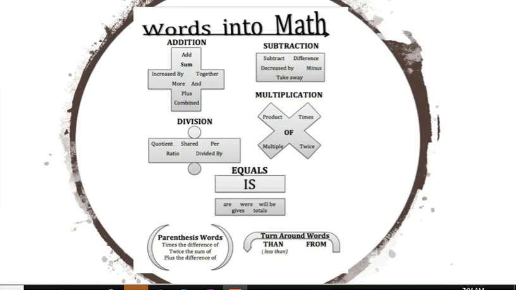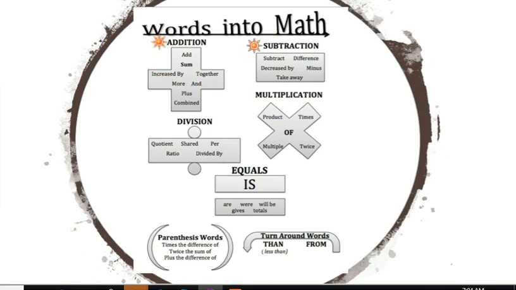So let's just go ahead and look at this first group right here. All of the words in this group mean addition. Okay, so add, sum, increased by, more, together, and, plus, combined. So as you're translating verbal expressions or equations, it's important to realize that if you see any of these words, that just means addition.